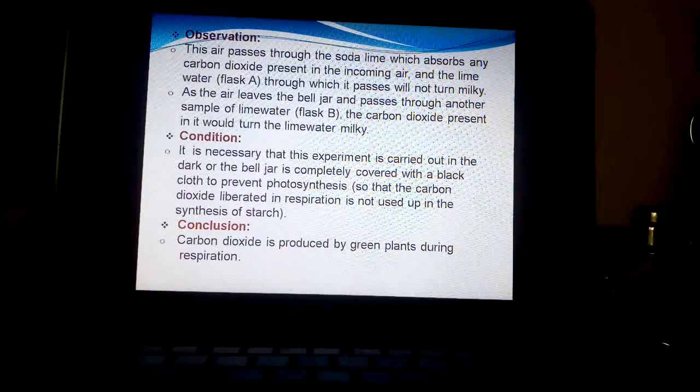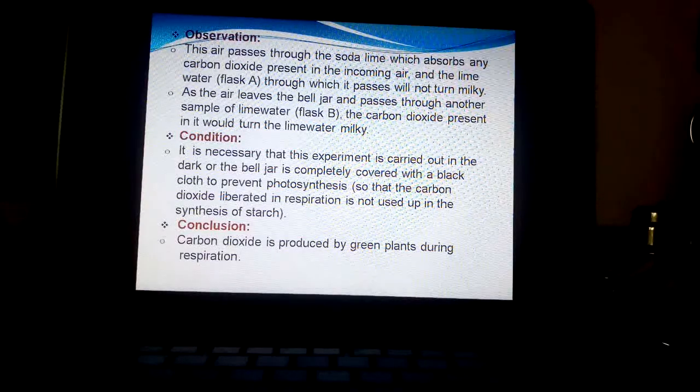So we cannot get the exact results. The carbon dioxide liberated in respiration is used up in the synthesis of starch, so we cannot get the exact result. So what is the precaution you have to take? Either you should conduct this experiment during night or in the dark, or you have to cover the entire experiment with a black cloth.